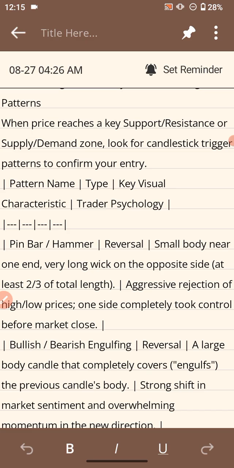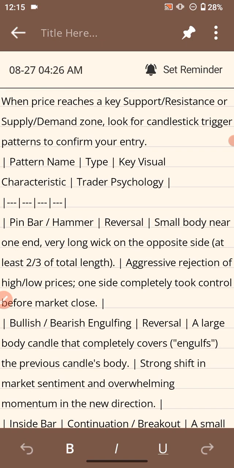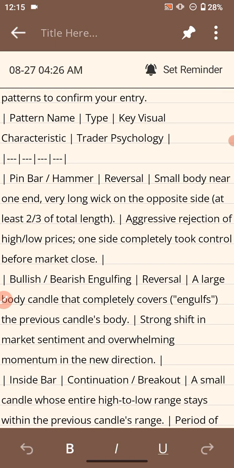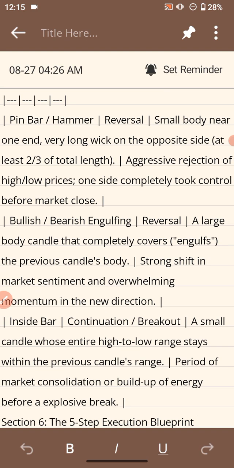Pin bar: if you're looking for a pattern to actually enter a trade, you look for the pin bar. It is a reversal pattern with a small body near one end and a very long wick on the opposite side, at least 2 to 3 times the total length. It shows aggressive rejection of high or low prices. One side completely took control before the market closed.